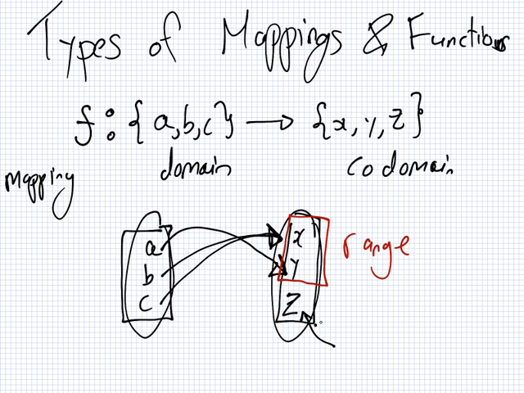So this means there's more terms and definitions we can have for our functions. Let's have a look at the definitions. But just before going on to the different types, we'll just define exactly what range is. So definition.